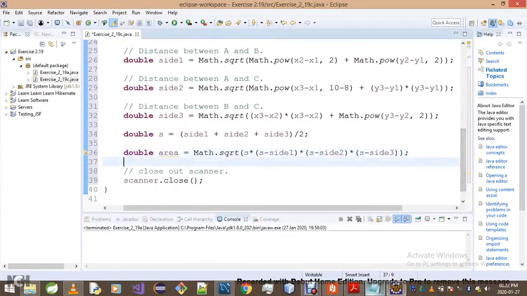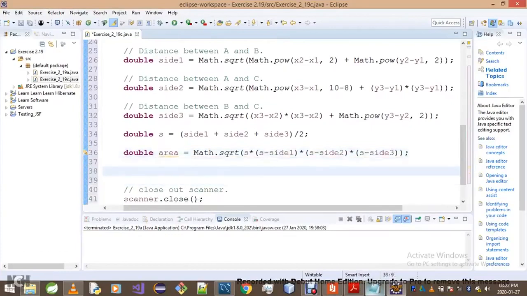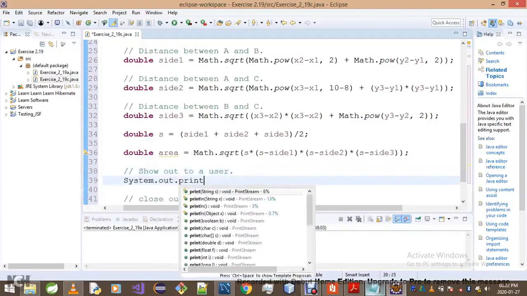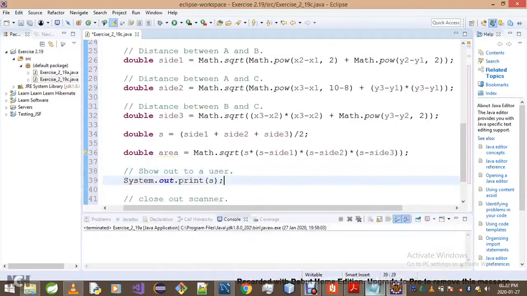So what is it we want to do now? We simply want to print out our solution. Let's just comment this part out. Of course, you might decide not to do this. That's also okay. It's just that I want you guys to get used to this idea of putting comments.